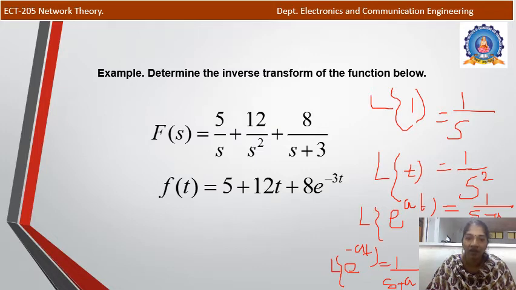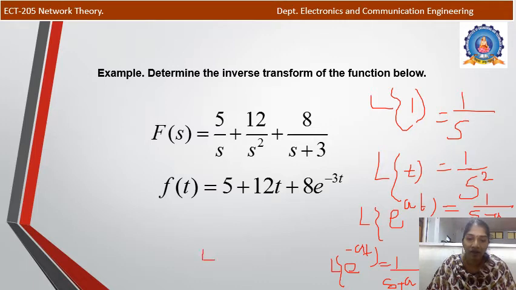So here the function is 1 by s. The Laplace transform of 1 is 1 by s, so the inverse Laplace transform of 1 by s is 1. So 5 into 1 plus, and we know the Laplace transform of t is 1 by s square, so the inverse Laplace transform of 1 by s square will be t. So 12 into t plus, similarly we know the Laplace transform of e raised to minus at is 1 by s plus a.